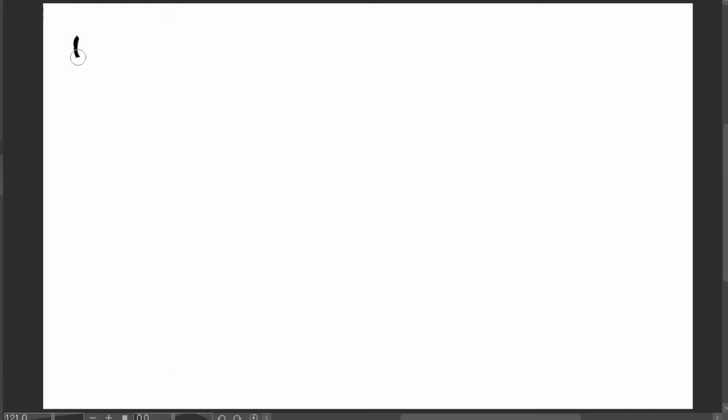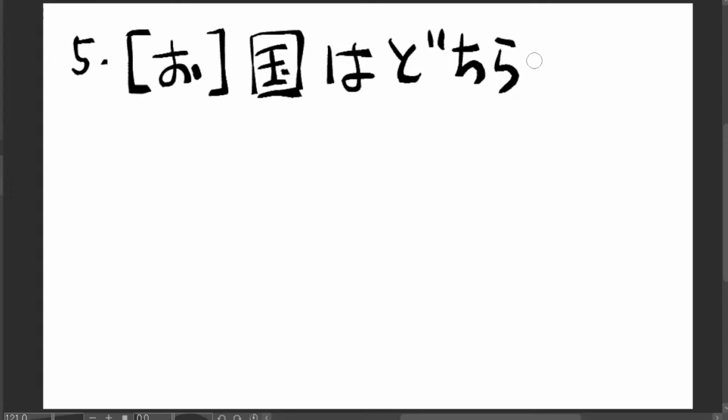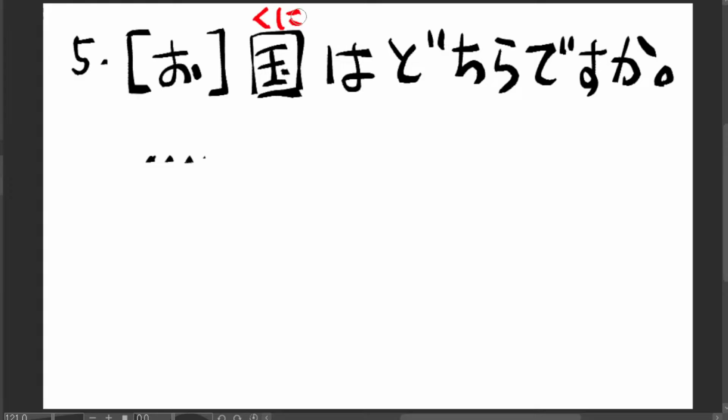Example sentence number 5 is お国はどちらですか？ 国, this is a kanji. We read it as kuni and it means country.